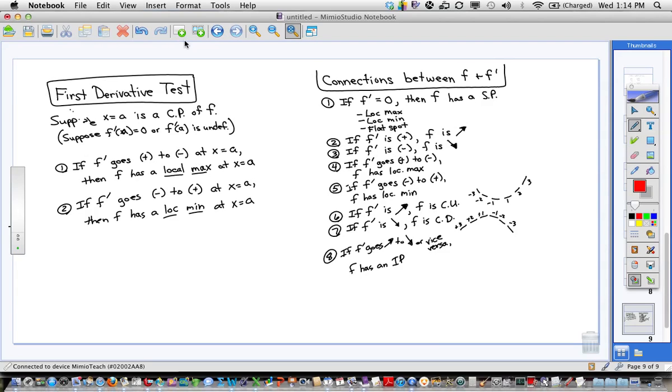You talk about the slopes increasing. That's different than if the values are increasing, right? I mean, there's a big difference there. So you really have to be careful. If you talk about the slopes of f prime, you're talking about the value of f double prime, aren't you? Right? The slopes of f are the values of f prime, and the slopes of f prime are the values of f double prime, and you really got to keep that straight. All right. It'll get easier as we go along.